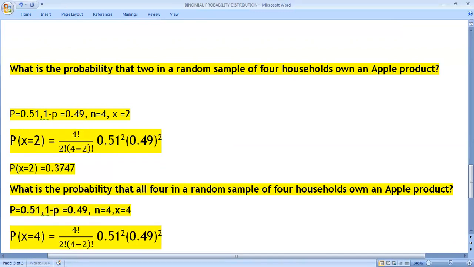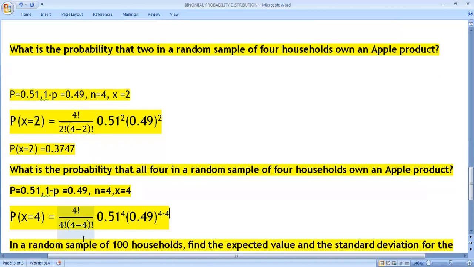Probability of x equaling 4 this time equals n factorial, which is 4 factorial, over x factorial, which is 4 factorial, times 4 minus 4 factorial, times 0.51 power x, and your x is 4, times the probability of failure, which is 0.49 power n minus x, which is 4 minus 4.